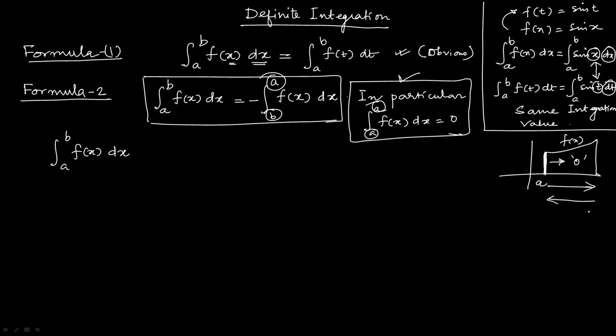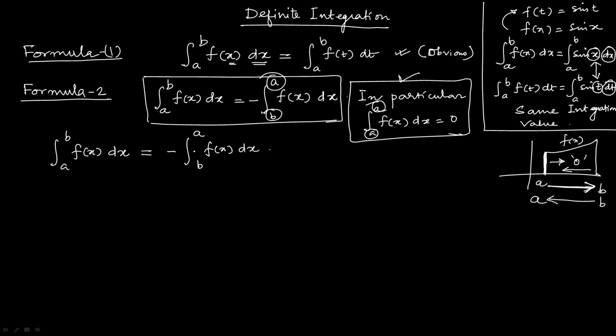And before that I will prove one thing, that will help me. Whenever you are going a to b, it is one thing; whenever you go b to a, this is changing, so automatically the area will be reversed. There is nothing to remember there.